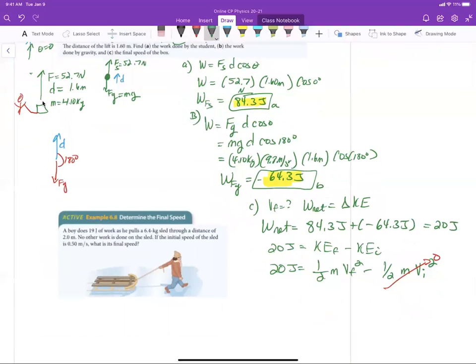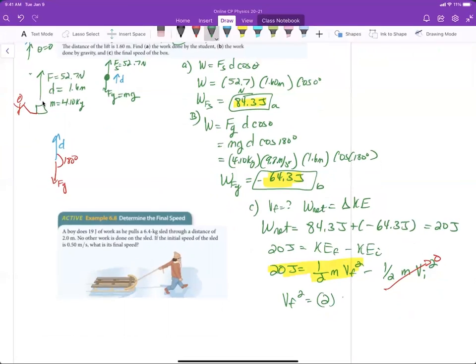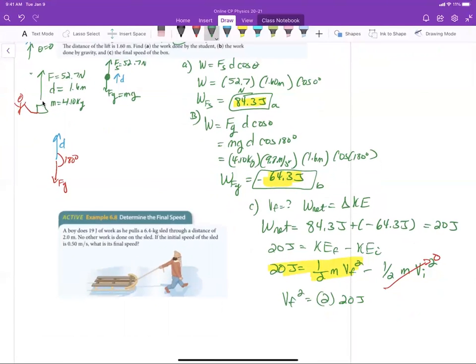So I'm closer. I've got to rearrange this equation for final velocity. And what do I get? I get final velocity squared is equal to 2 times 20 joules divided by the mass. And the mass is 4.10 kilograms.